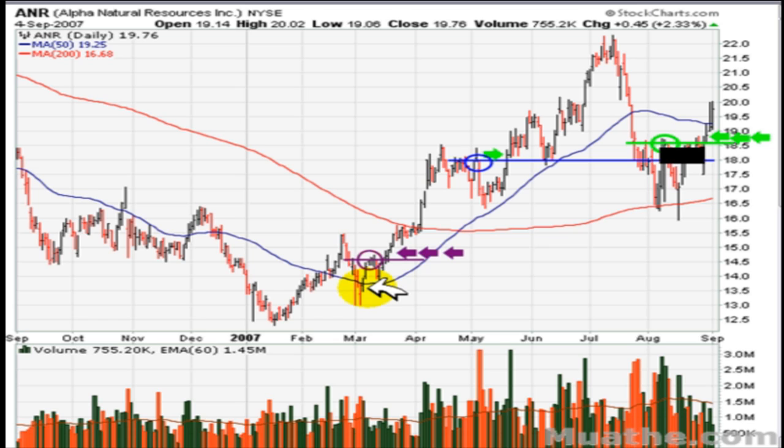In this example, you could have also played the 50-day moving average that was flat here, and the highest close above that could have been a nice entry point. But you know that because this 200-day moving average is still dropping, it needs to settle down. So you could have played this bounce to somewhere around here. It's a short-term trade for a couple of dollars, and it moved from around 14.50 to around 18. It's not a bad gain in, I would say, under a month.